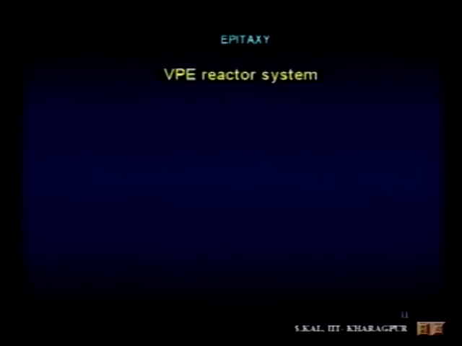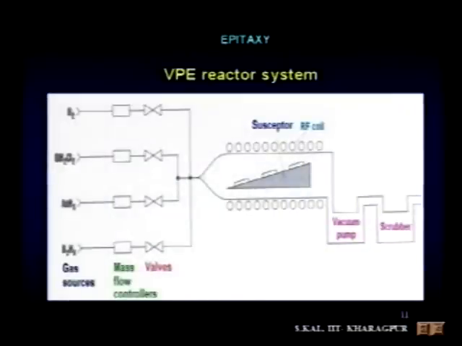Now we discuss the VPE reactor system, how the VPE reactor looks like. Here is the schematic diagram of the vapor phase epitaxial reactor.